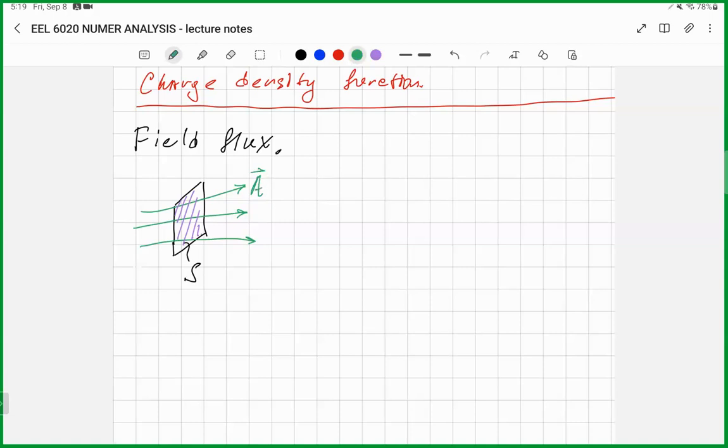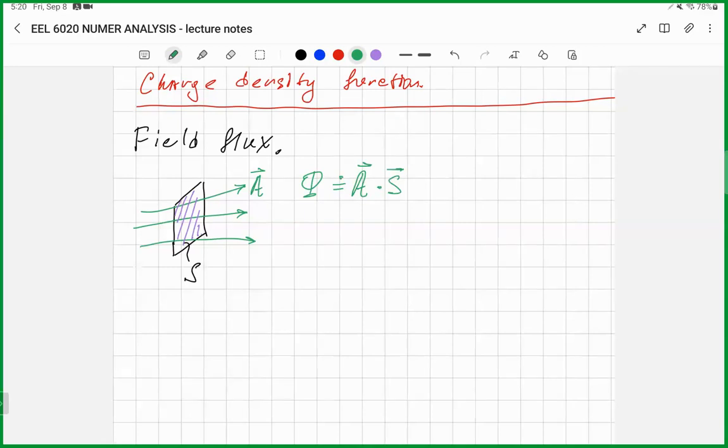The definition for flux, denoted by the Greek letter Φ, is the dot product of the field times the vector of area of the surface.